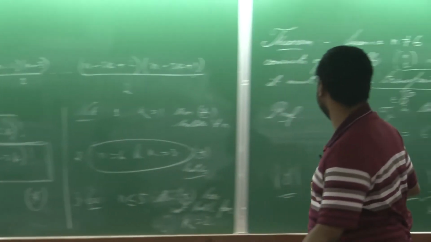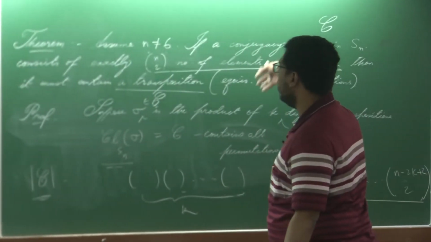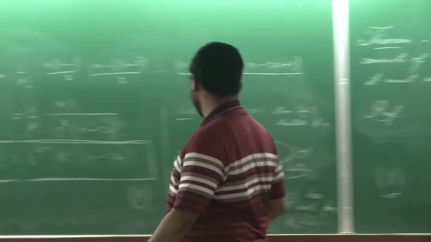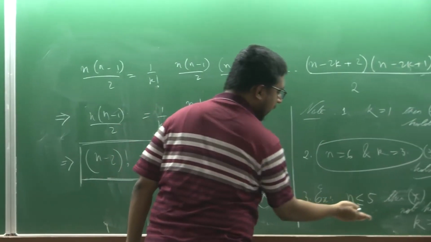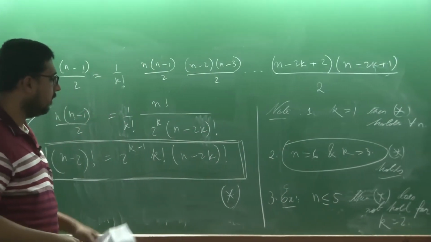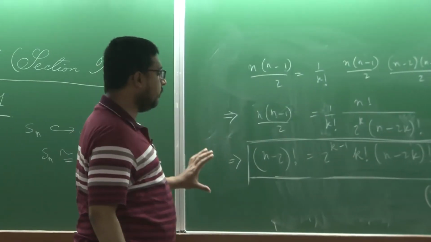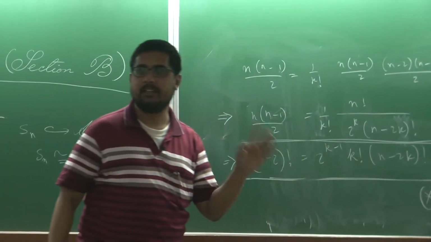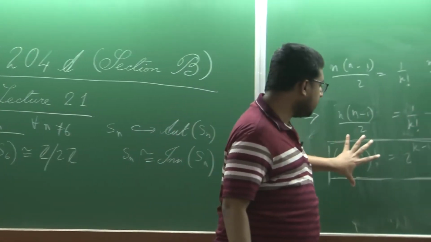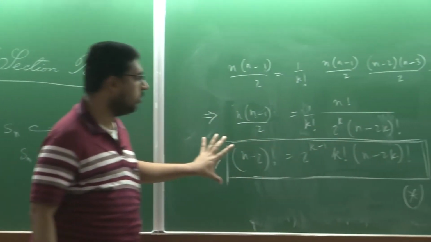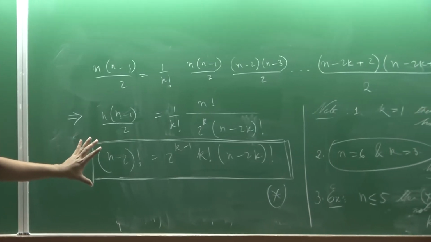So, that will finish the proof of this theorem. I repeat, here we have just shown that when n is at most 5, then this formula does not hold if k is greater than 1. Next we see that when n is bigger than or equal to 7, then this formula also does not hold for k greater than 1.